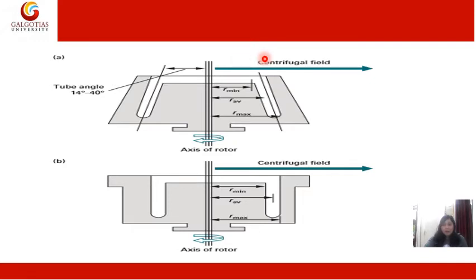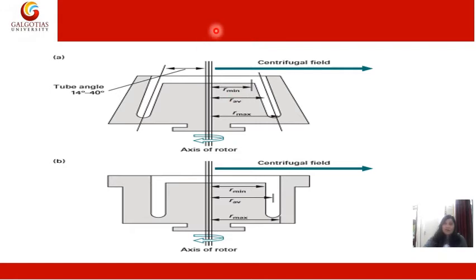So the R minimum will be the distance from the axis of rotation to the top end, and R maximum is the distance from the axis of rotation to the bottom of the tube, and R average will be somewhere between R minimum and R maximum.